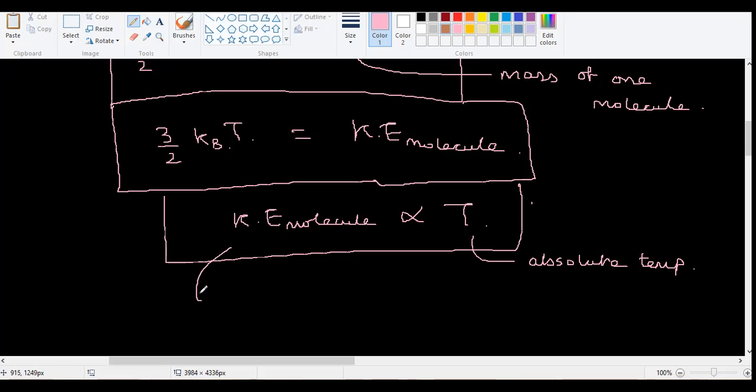This is your microscopic concept. This is your macroscopic temperature. Temperature is something you can measure. You can put a thermometer and measure the temperature of a gas, but you cannot tell the kinetic energy of a molecule directly, right? So you need to calculate it. That's why I say this is microscopic and this is macroscopic.